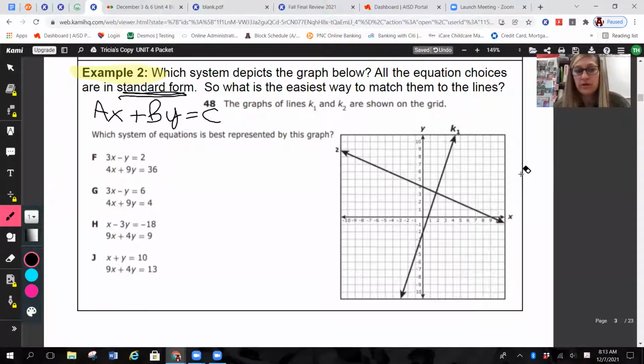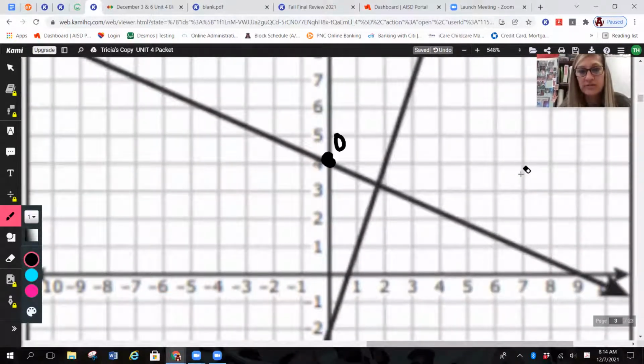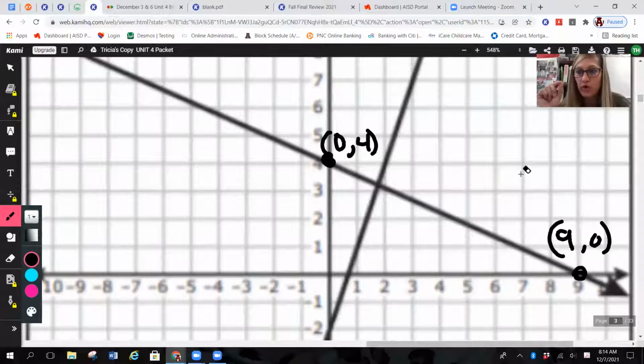This is when you can utilize the cover up method: cover up one variable, calling it 0, and find the intercepts of the graph. So we know that's 0, 4. This is 9, 0. So we need the equation of the line to have a y-intercept of 4 and an x-intercept of 9.